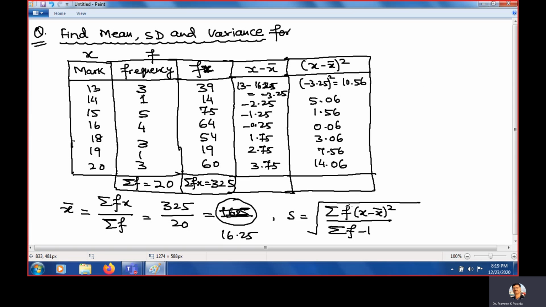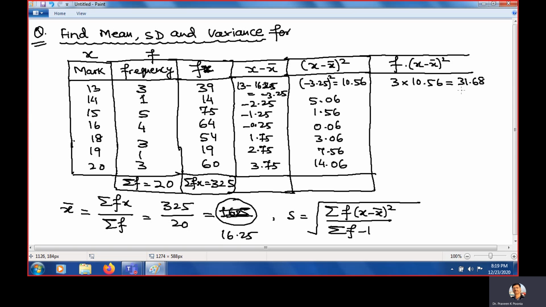And now the last one, you need to multiply by f. This is f into x minus x bar power 2. That means f is 3 times 10.56. How much is it? 31.68.